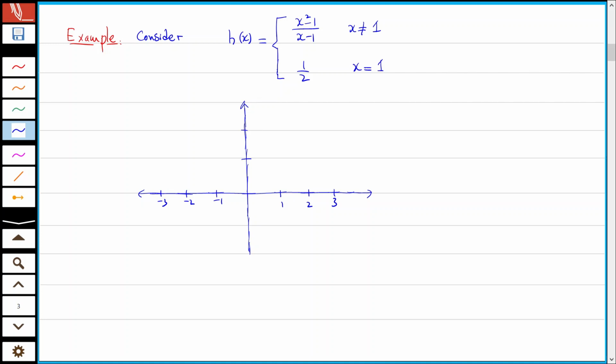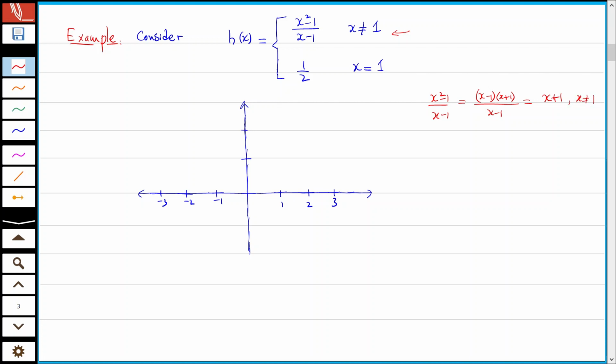So the graph would look like, again, x squared minus 1 divided by x minus 1 would be x minus 1 times x plus 1 divided by x minus 1. This is equal to x plus 1. And for this branch of the function, x is not equal to 1.